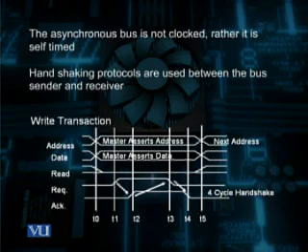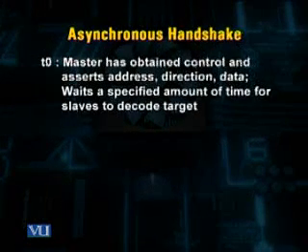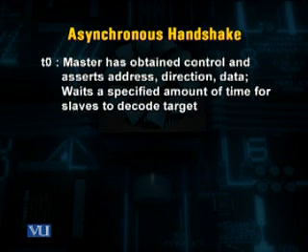You can note it from here that in the beginning, at the time slot marked T0, the master obtains the control and it asserts the address, direction, and data. Furthermore, it waits a specified amount of time for the slave, which means the receiving device decodes the target.